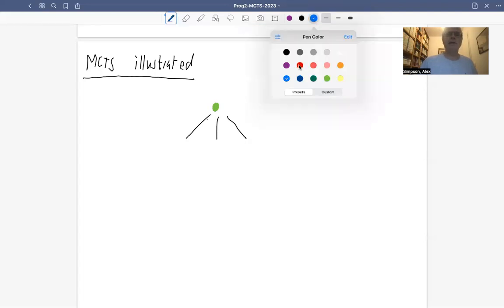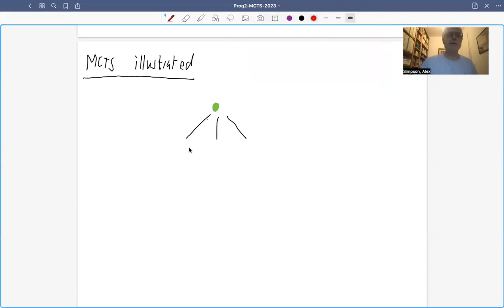Those take us to 3 red positions. But let's not put the positions in, actually, because all we've done at the moment is calculate that there are 3 possible moves from the first move.